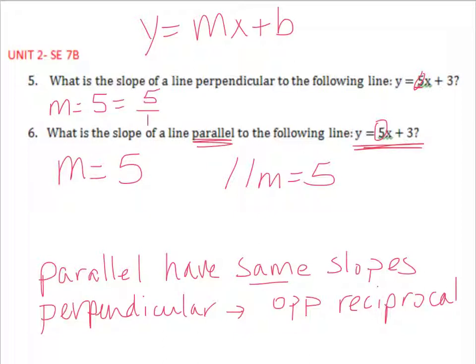Then our opposite reciprocal means whatever our sign is here, the opposite is change the sign. So our perpendicular slope, if this one is positive 5 over 1, this one's going to be a negative. And then reciprocal tells us to flip our fraction. So whatever's on bottom now goes on top. Whatever's on top now goes on bottom. So the line perpendicular to this line would have a slope of negative 1/5.